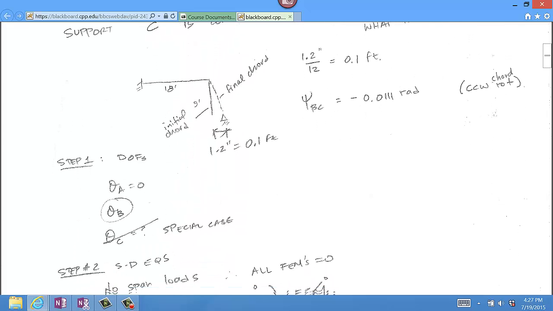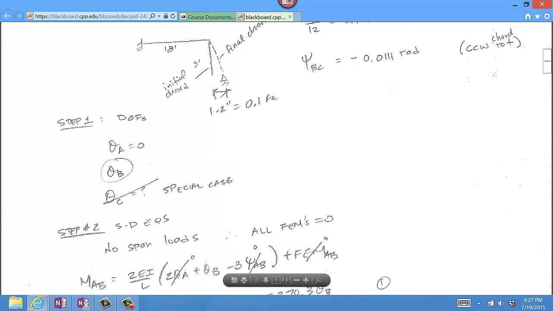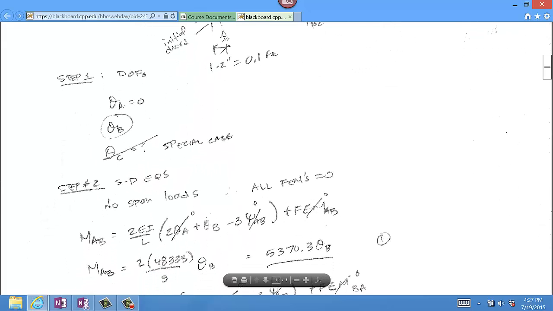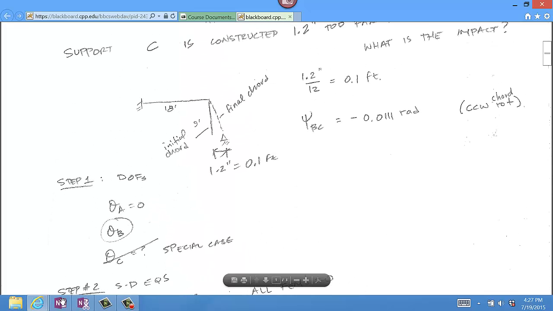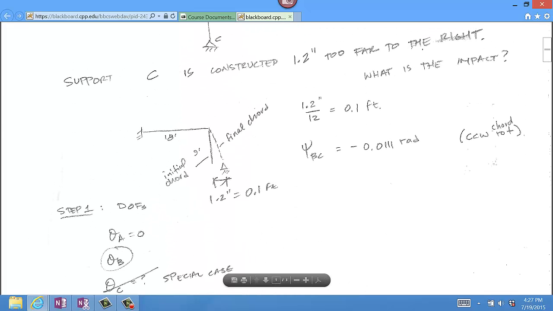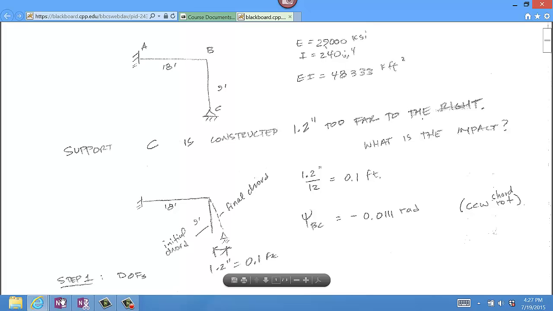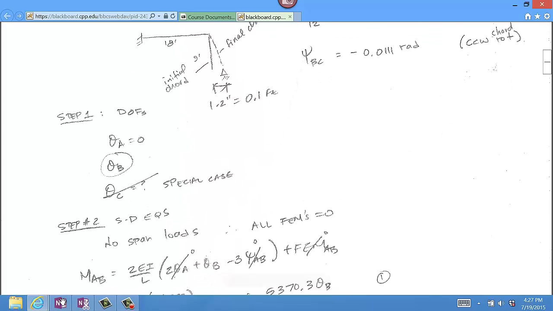It's a special case span. So the only unknown degree of freedom is theta B. We take a look to see how many spans are loaded, and we see that there are no loads within any of the spans. So that means that all of the FEMs are 0.